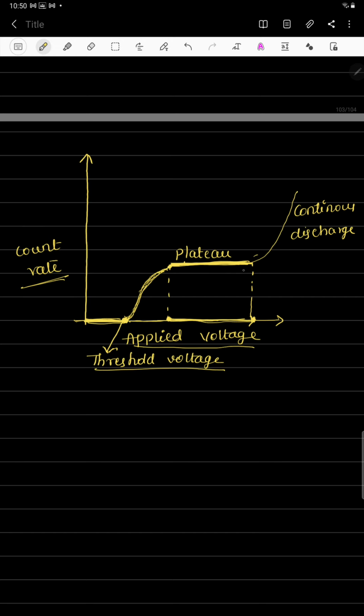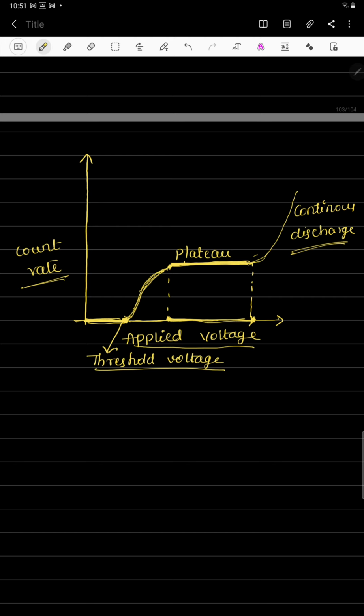Then beyond a particular voltage, if you increase further, what happens? Continuous discharge takes place inside the metallic chamber. Continuous discharge takes place even in the absence of any ionizing particle.